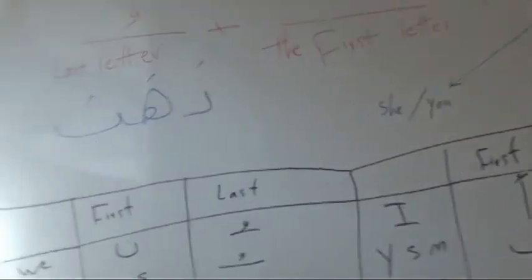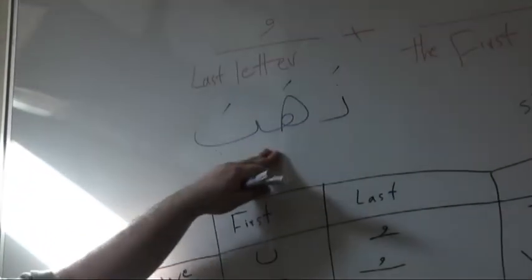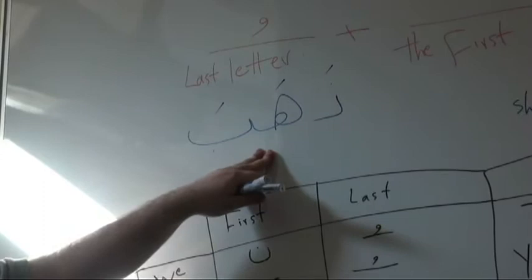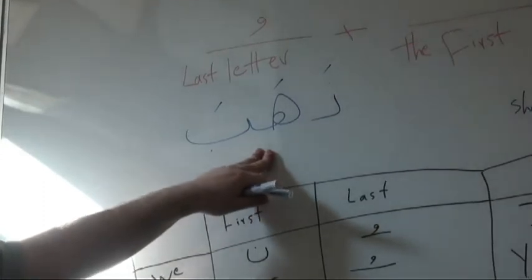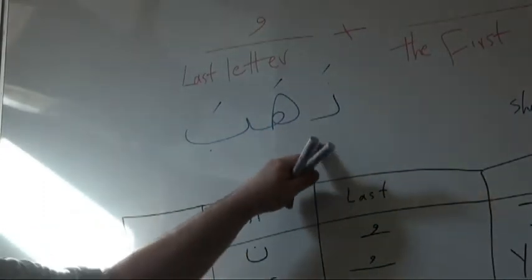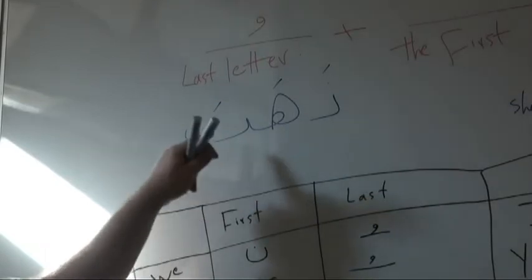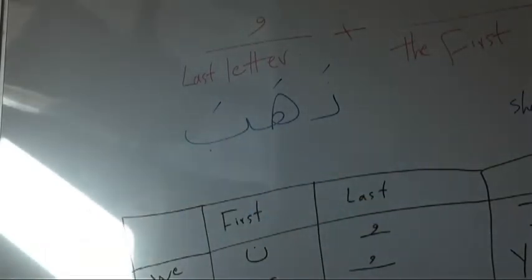Okay, what is this word? Ha. Ba. ذهب. ذهب means he went. The past of go. 他去，男生的他单数去。 Okay?